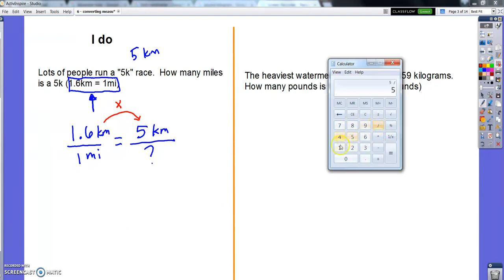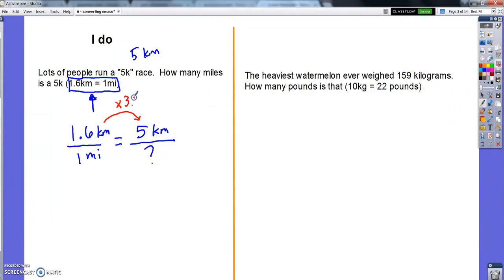5 divided by 1 6/10 gives me 3 125 thousandths. So I'm going to multiply the same down here. And it's nice with a unit rate because you always have a 1, so it makes for kind of an easy multiplication.